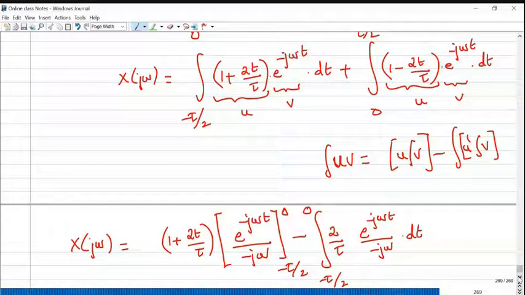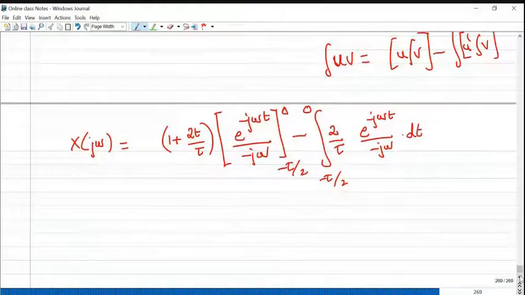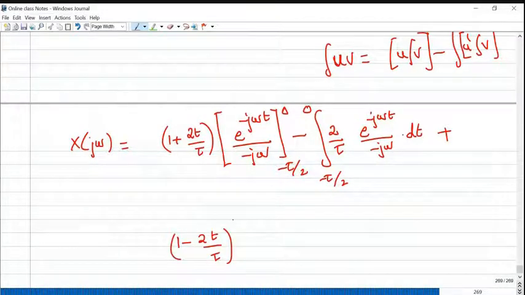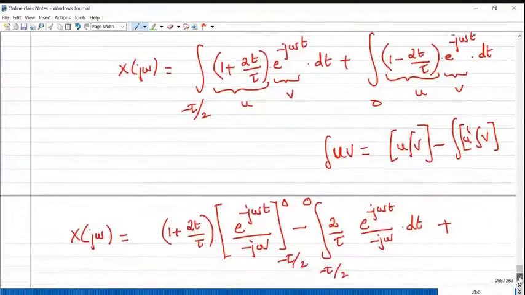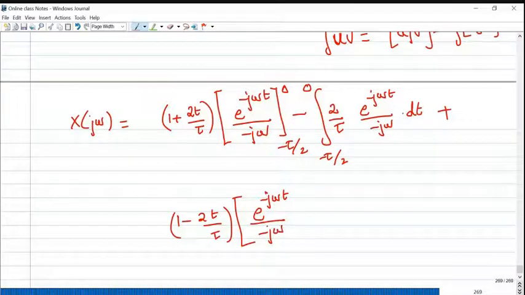Similarly, the second step: plus 1 minus 2t by tau, this term is u, integration v is e power minus j omega t divided by minus j omega, with limit 0 to tau by 2.